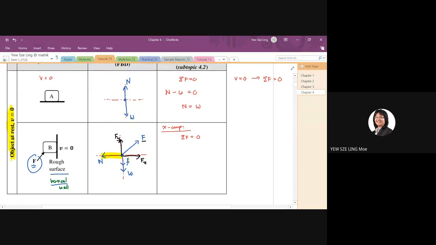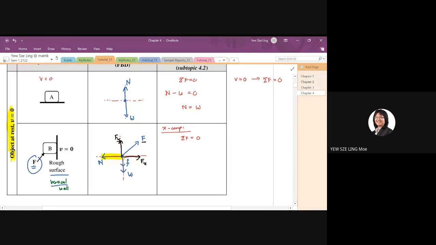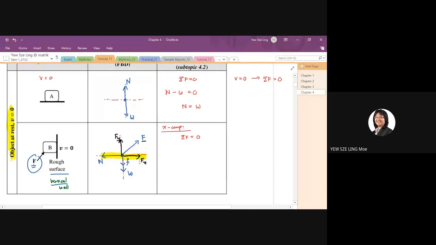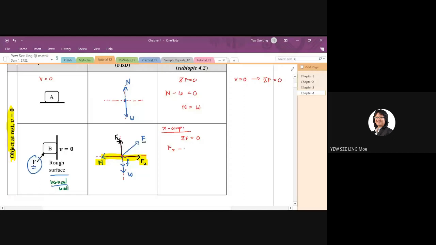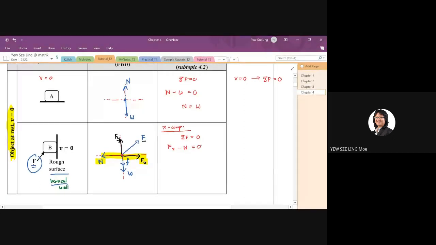Other than the normal force, we have another force lying on the x component, which is Fx. Now we want to form an equation using n and Fx. They point in opposite directions. Fx is going in the positive direction, therefore we use Fx minus n equals 0.